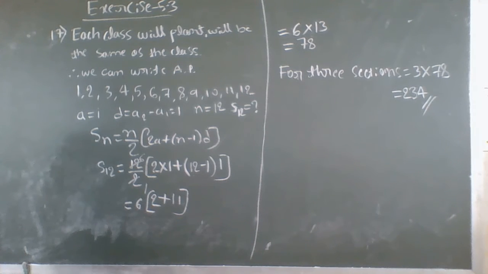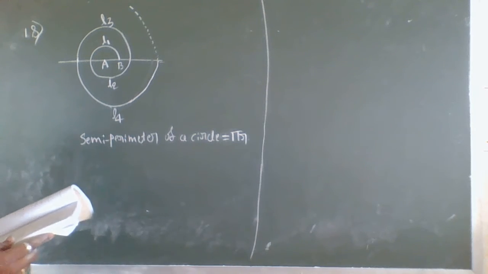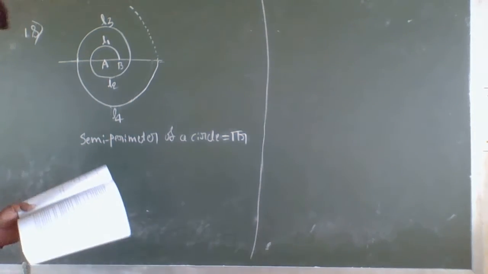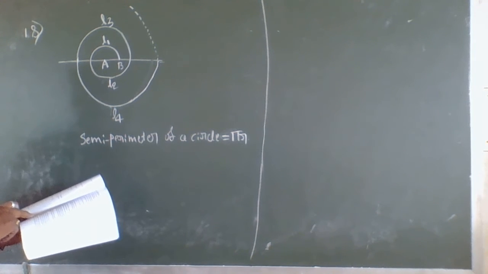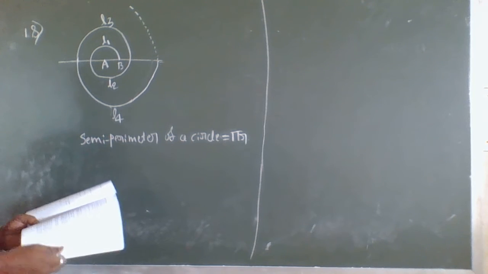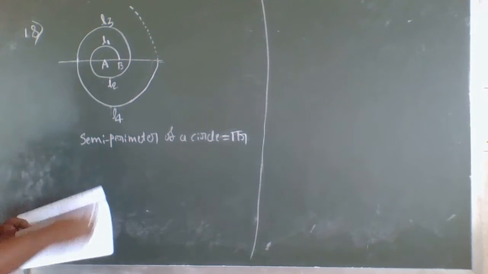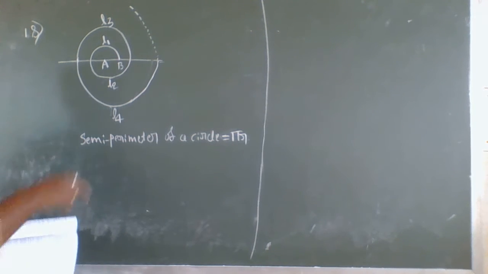Now I will discuss the next problem, the 18th one. In the 18th problem, what they have given is a spiral made up of successive semicircles. This spiral is made up of successive semicircles.